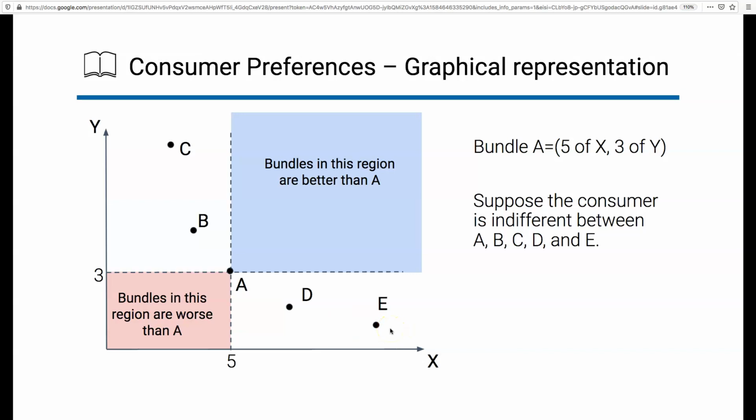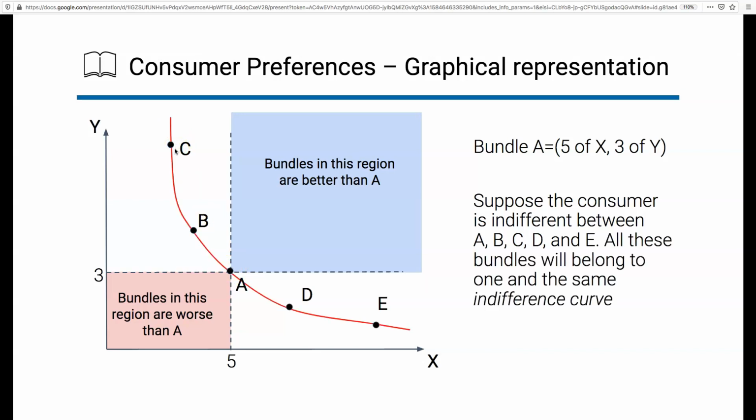Indifference means same utility. So if we were to plot all possible bundles that have the same utility, we can connect them by a curve, and that curve is called the indifference curve. So here, the 5 bundles that I've talked about are just examples of bundles that the consumer is indifferent between, and all such bundles will lie on the same curve.